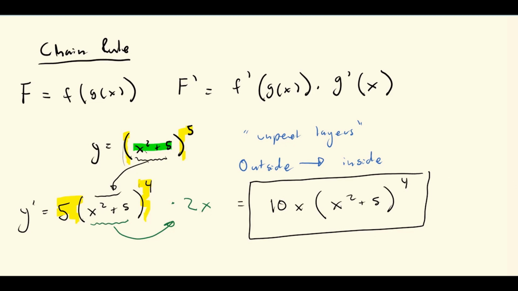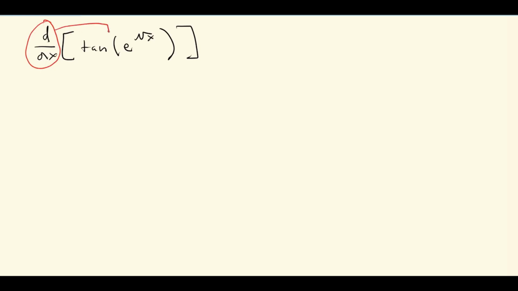So let's look at another example. Let's say we're asked to find the derivative of the tangent of e to the square root of x. And once again, d/dx here is a differential operator, so it's telling us that whatever is inside, to take the derivative of that.